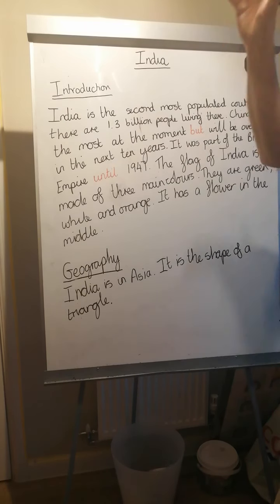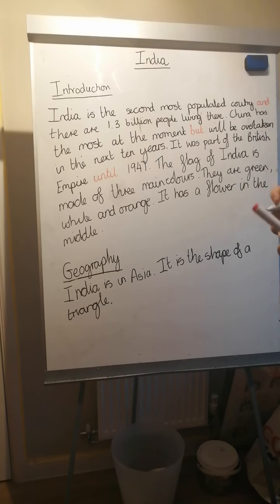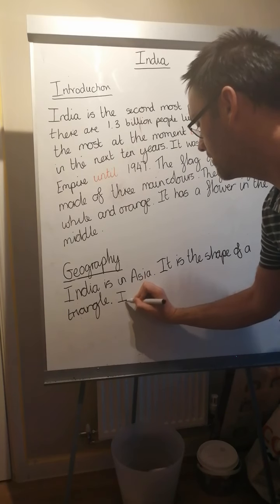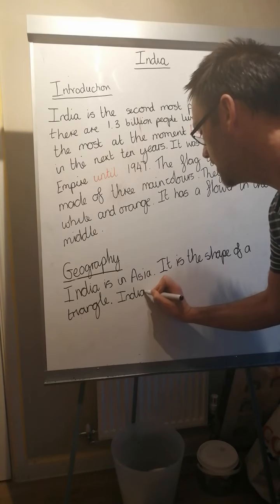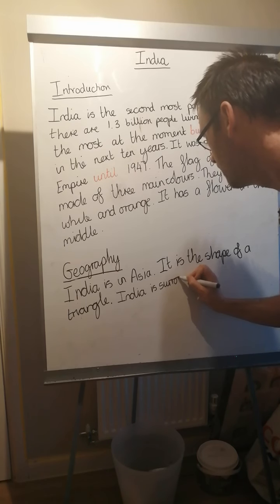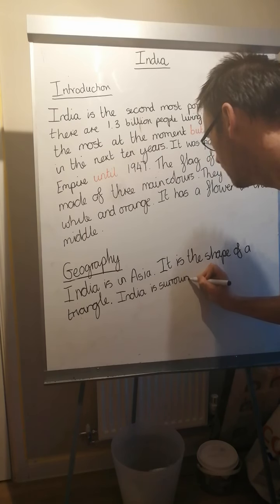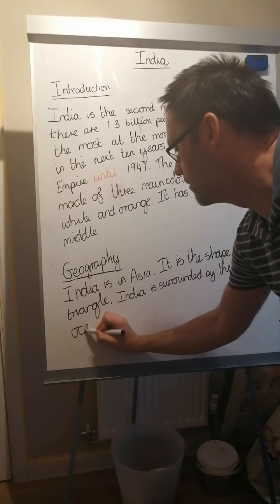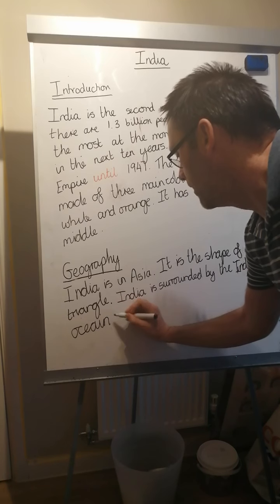Okay, what is around India? Okay, so India is surrounded mostly by sea, by the Indian Ocean. India is surrounded by, I'm going to run out of space I think, the Indian Ocean in the south.